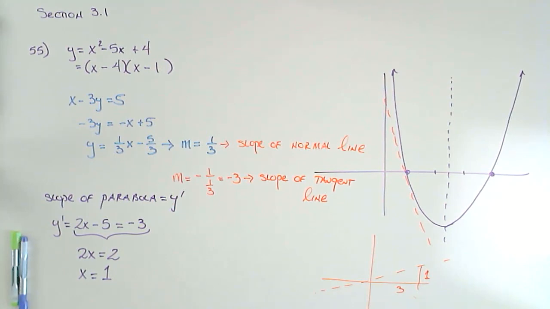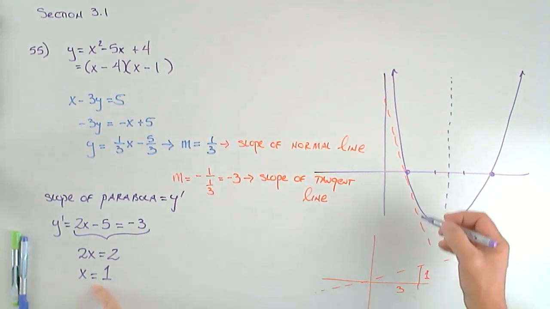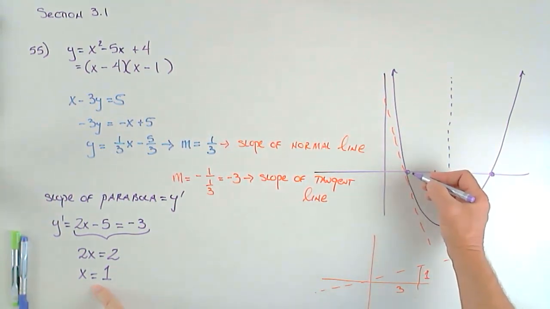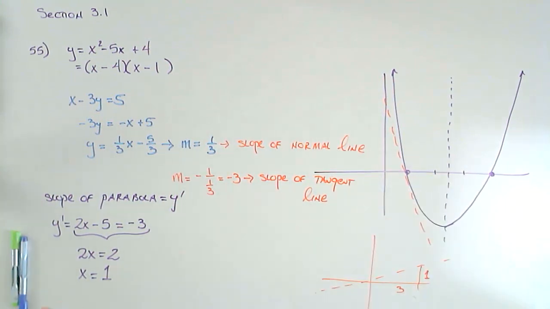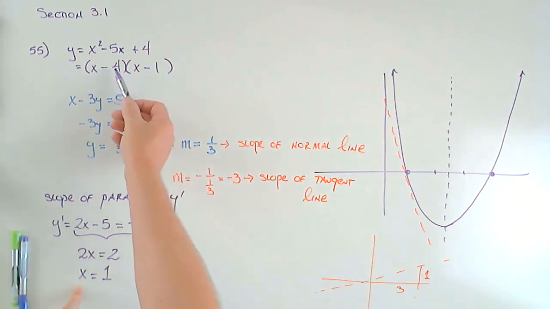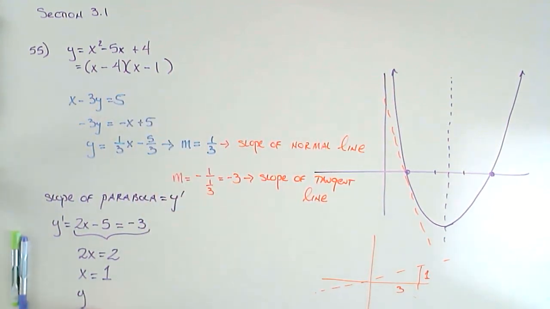It says find the equation of the normal line to the parabola that's parallel to this. So where is this going to happen? It's going to happen where x equals 1. Now I know my point. When I put x is 1 in here, I get y is 0. So that's my point.